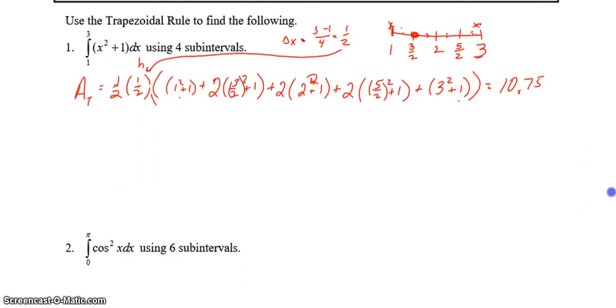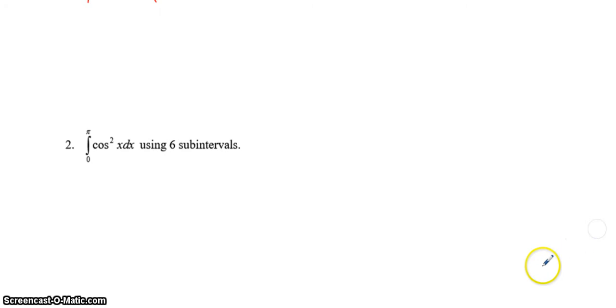Does it matter when we get trig? Nope. So it's same thing, get our choice. Pi minus 0 over 6.